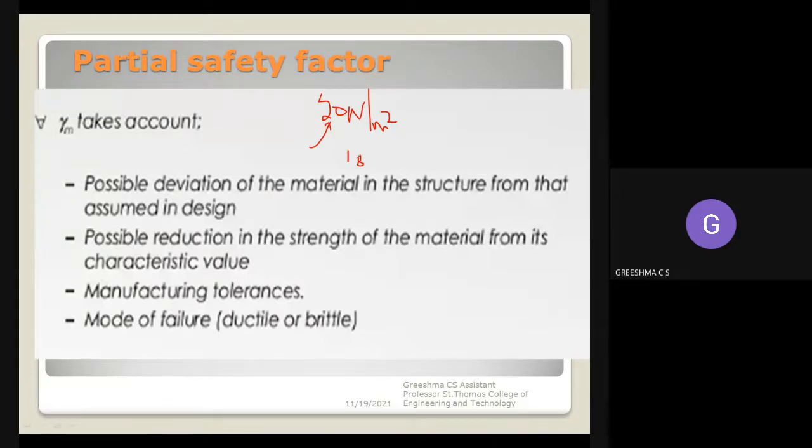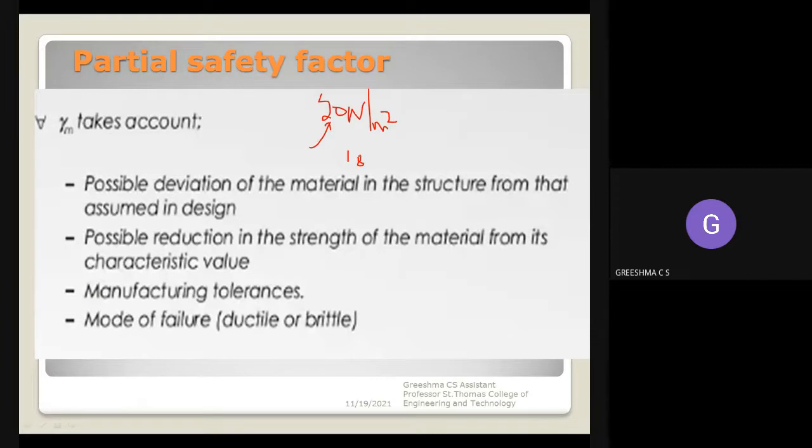Okay, so to account for these errors, you are multiplying the load with a partial safety factor. That means we are always expecting a certain amount of error at the site. To counteract this error, we are multiplying the loads with a partial safety factor.